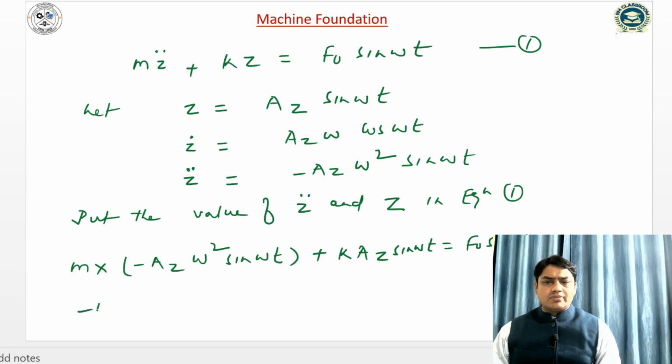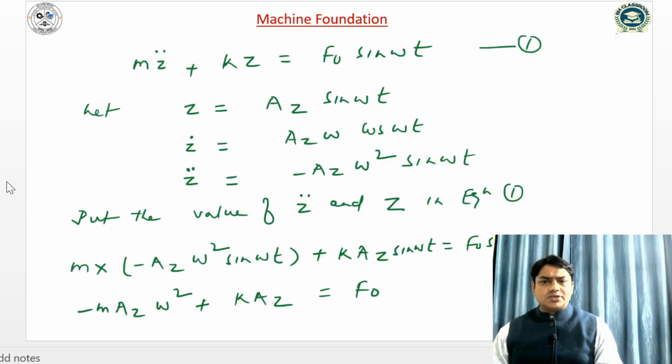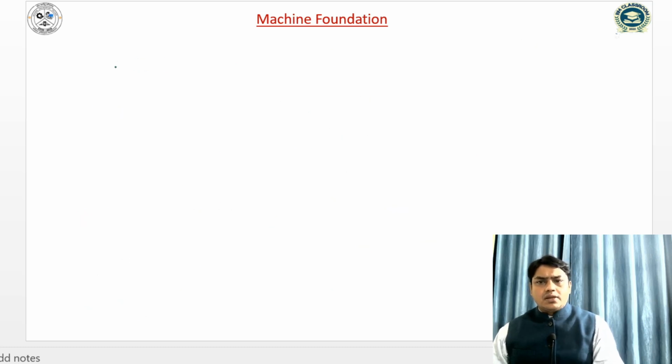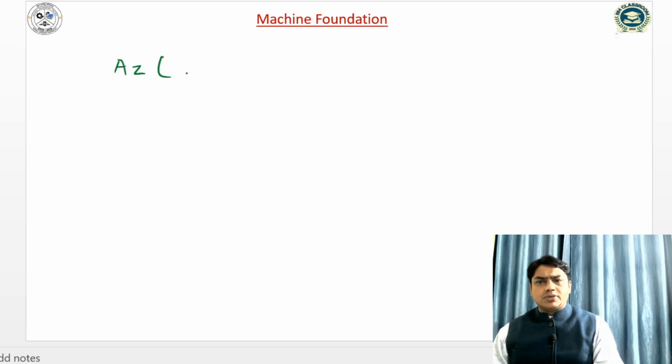So we can write minus m Az omega square plus k into Az is equal to F naught. If I take Az common, it will be Az into k minus m omega square is equal to F naught.